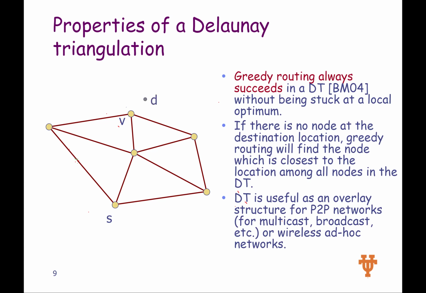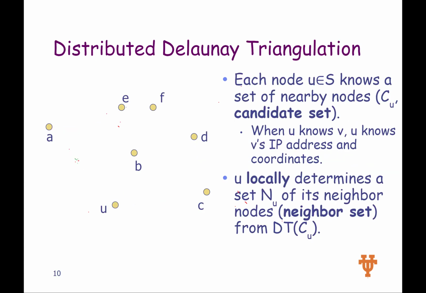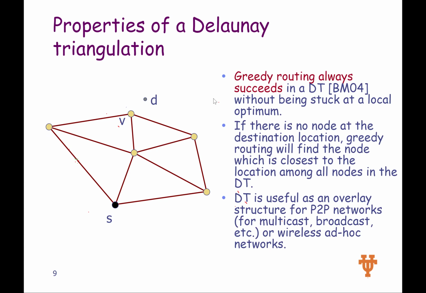That means if your destination is this D, and there's no node on D, your greedy routing will stop at V. If it starts from S, it will stop at V, and V is the closest node to the destination location D.